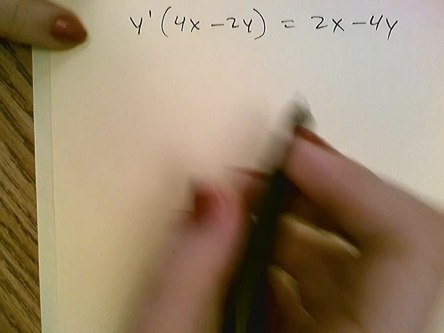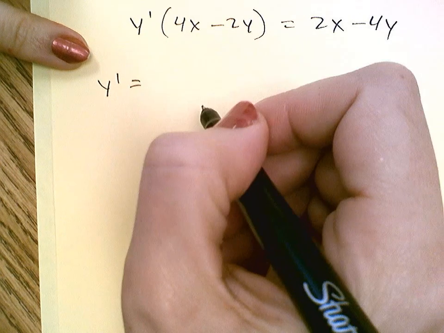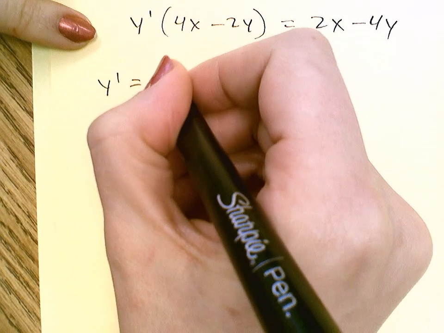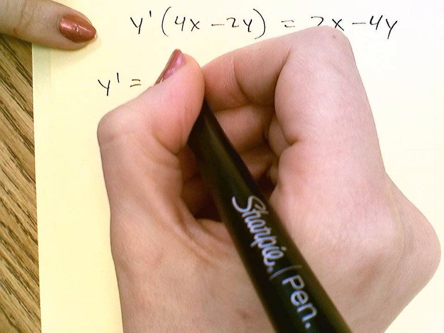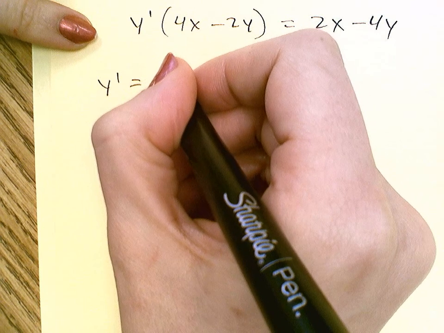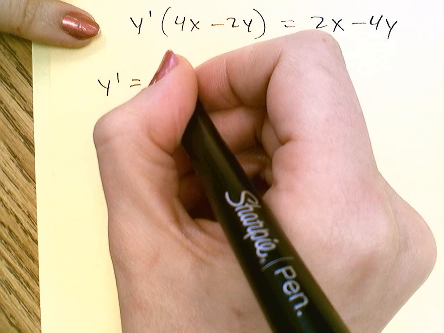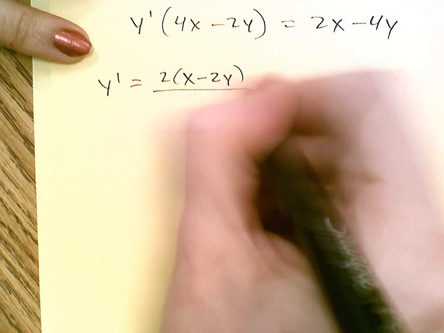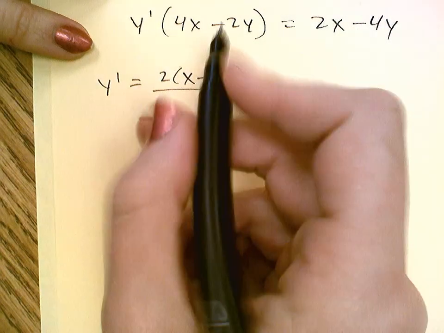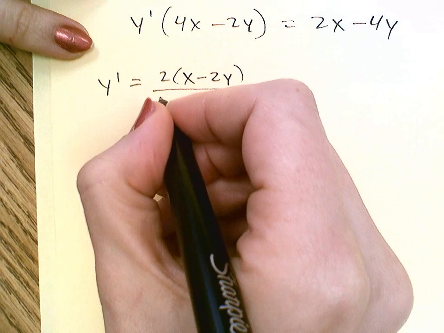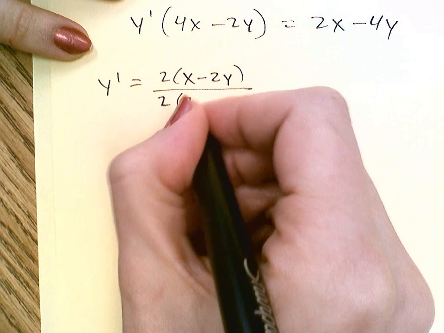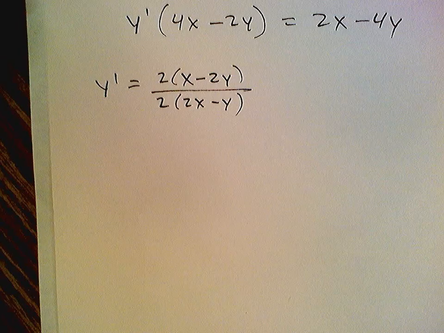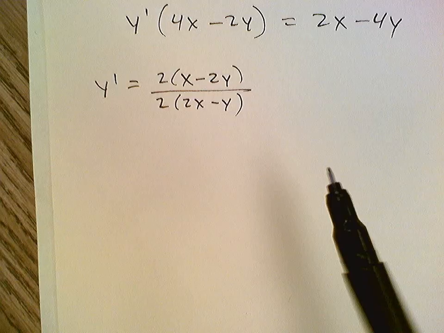All right, and then I divide. Oh, and I can also factor out a 2. I'm sort of doing this, and then I get down here, I factor out a 2, x minus y. Oh boy.